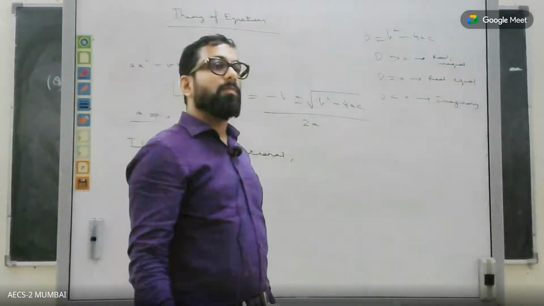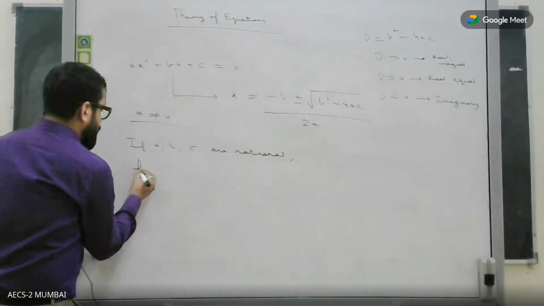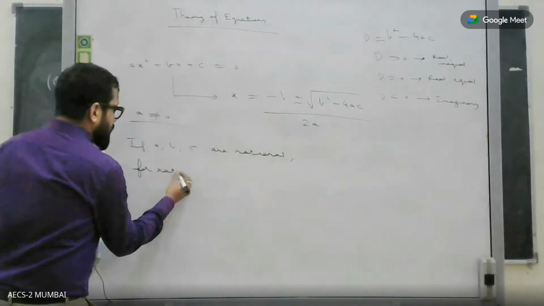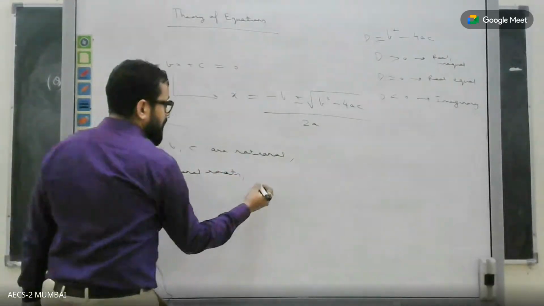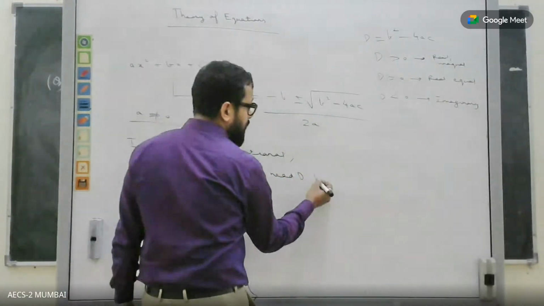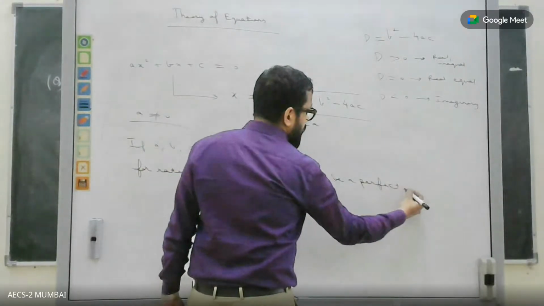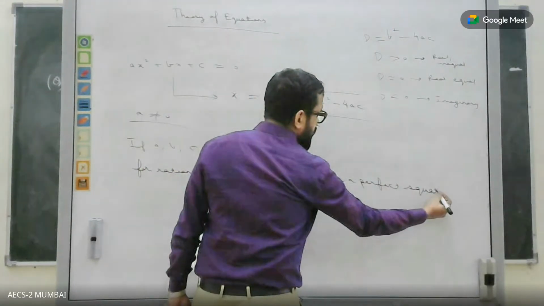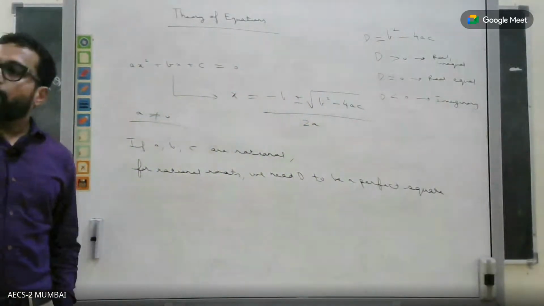D is a perfect square. So for rational roots, we need D to be a perfect square.